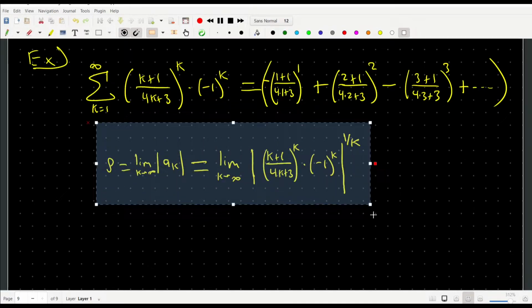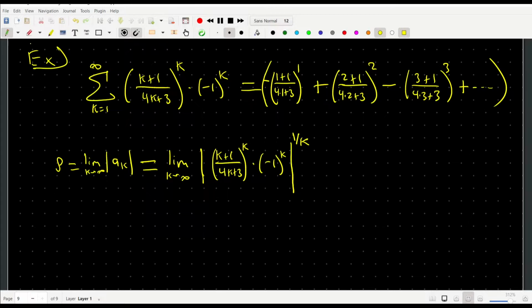Now, before we take the kth root here, we want to first do the absolute value. And you'll remember that the absolute value of A times B is the same thing as the absolute value of A times the absolute value of B. That's nice because here the absolute value of this times this becomes the absolute value of this, which is always positive, times the absolute value of negative 1 to the k, which is going to be 1 regardless of whether this is positive 1 or not, because we're taking the absolute value of it.